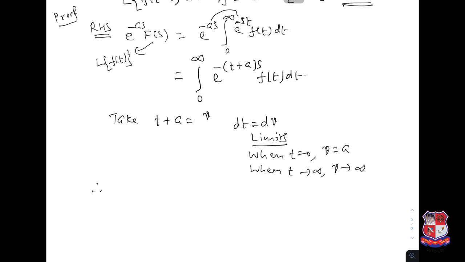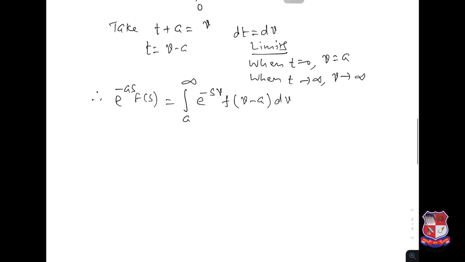Therefore, e to the power minus as times F(s), this part is equal to this one, and if you apply this, then that is nothing but the integration from a to infinity of e to the power minus sv f of t. Now t equals v minus a, so f of v minus a, dt is dv.